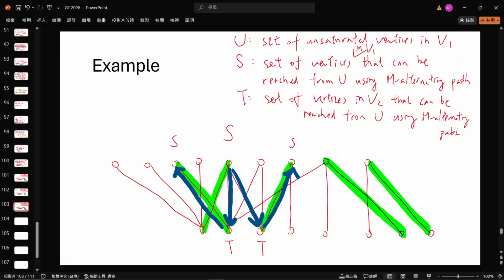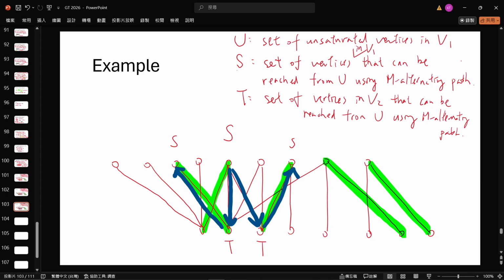So in every round, we just pick a vertex in S. We go down using some edges not in the matching, and then we go up using some edges in the matching. Okay, and when we go down and reach some vertices in V2, we want to first check whether they are saturated or not. If it is not saturated, then we're done.